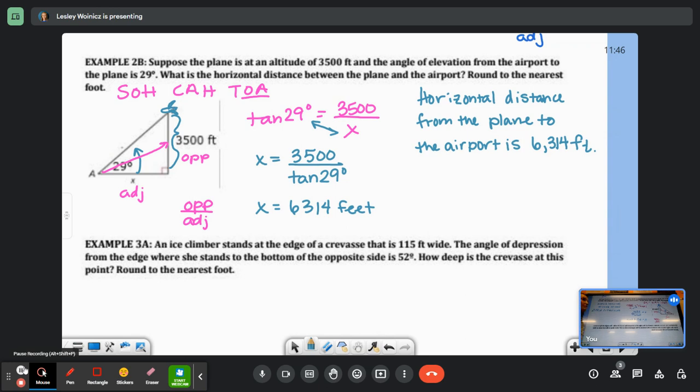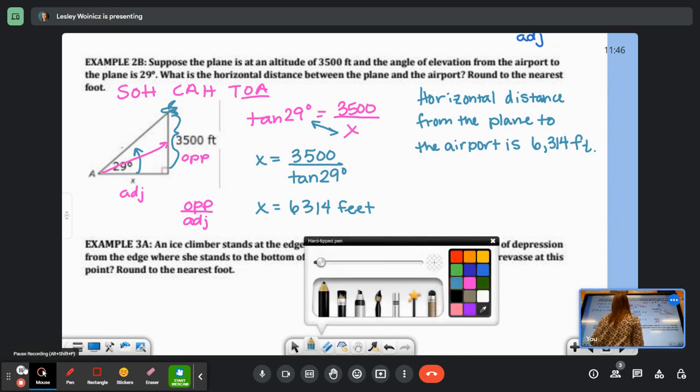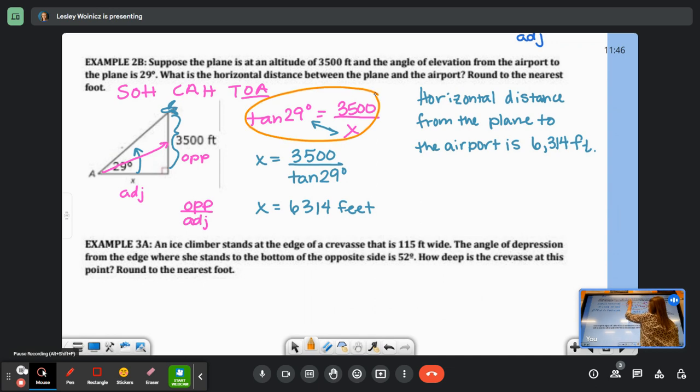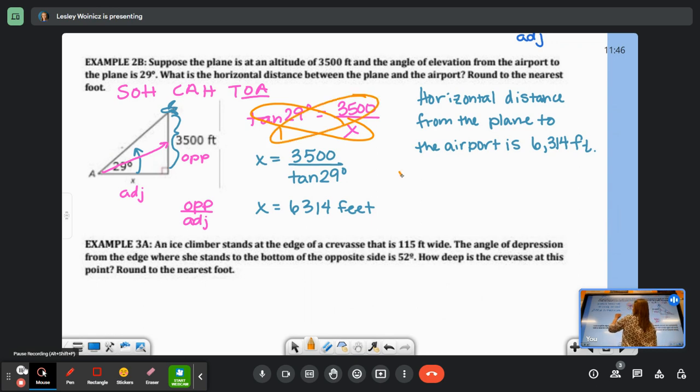I'm going to show on the video what that little trick was right here, because I don't want them to be confused. So on that step, guys, what we can do is cross multiply, right? And we get x times tangent of 29 equals 3,500.